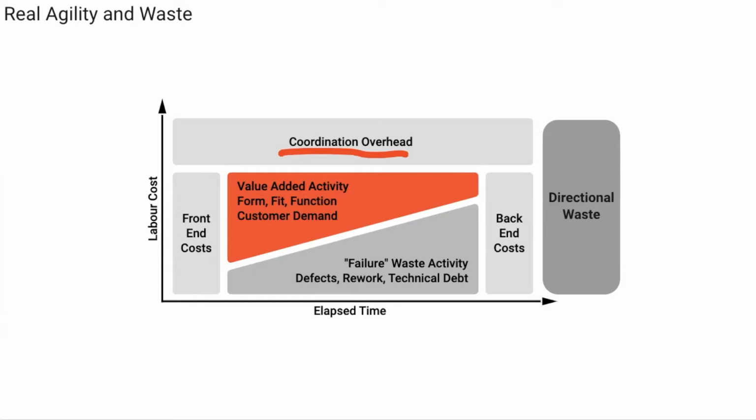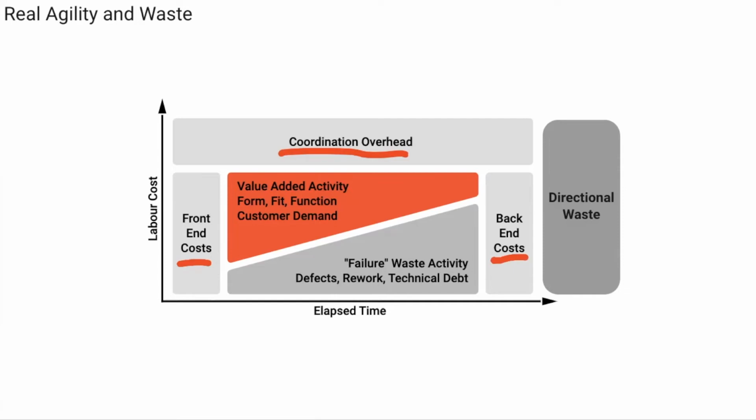We also have, before we actually get around to the value-added activity itself, often front-end costs. This can be both preparation activities, but it can also be waiting to get started. And likewise, at the back end, we have a similar problem, which is possibly waiting to get things into the hands of customers, and also the wrap-up activities.